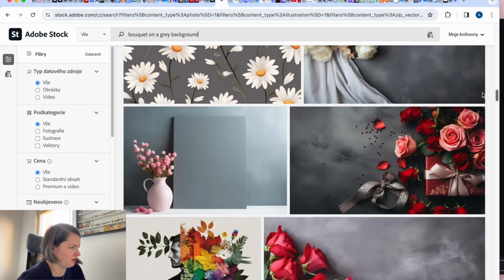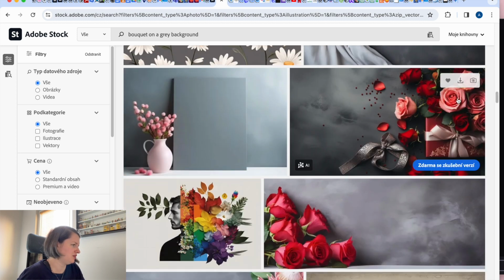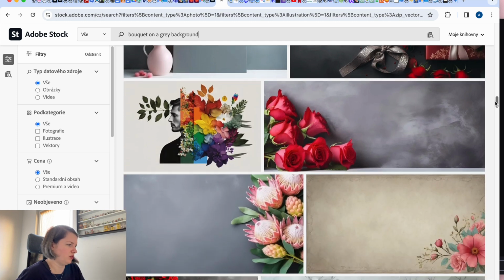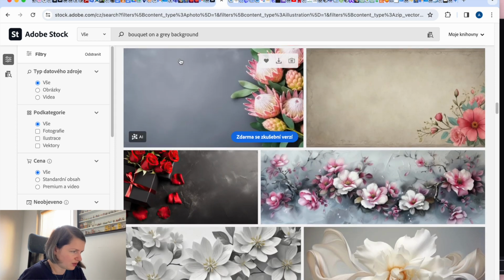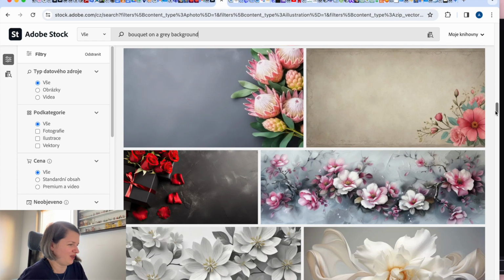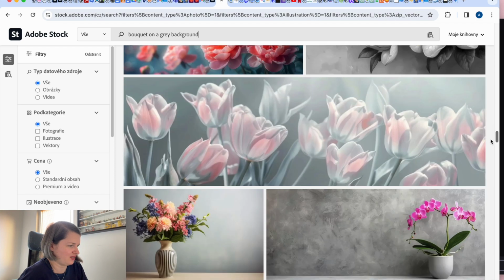It's not great here, it doesn't look like a festive card that I would want to use in my design. This is, for example, not a bad photo, but the gray background, I don't think it's great.